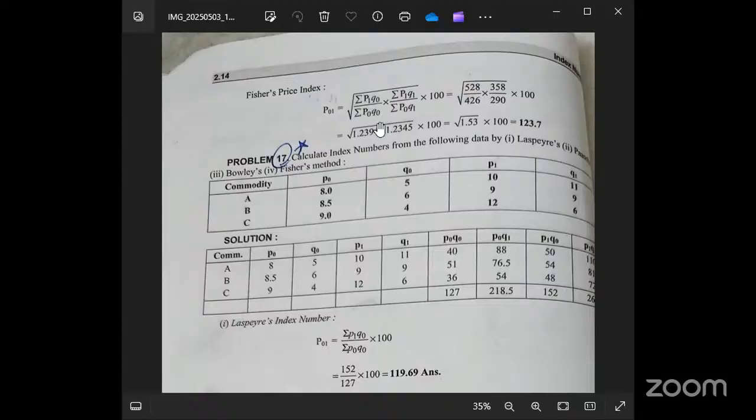So after applying the formula, how much are we getting the price index? 123.7.